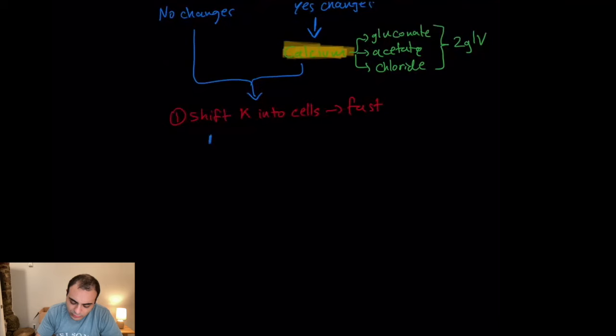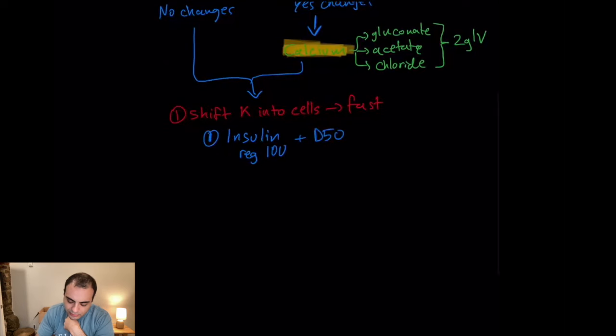Number one, you've got insulin. And you can't give insulin alone. You have to give it with glucose or dextrose. Usually what you give is regular insulin, 10 units, plus D50, which is 50% dextrose.